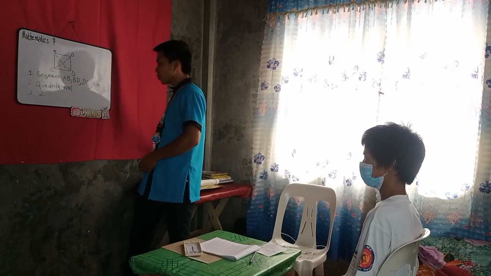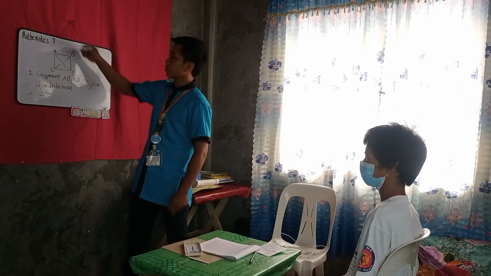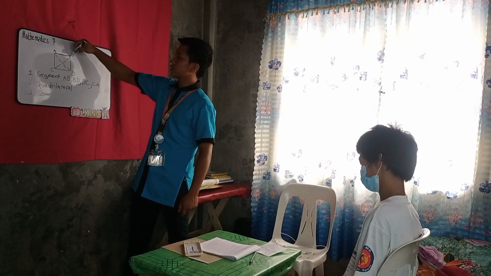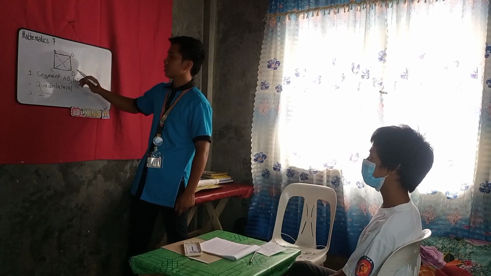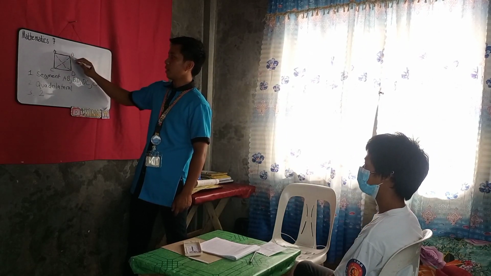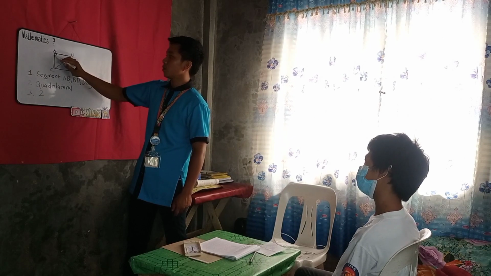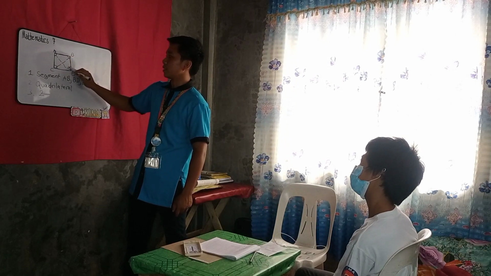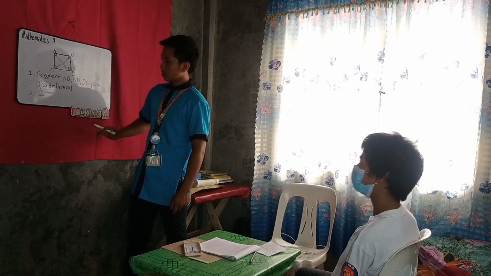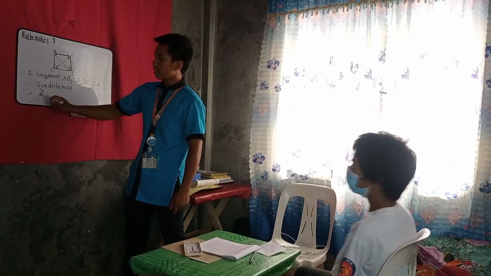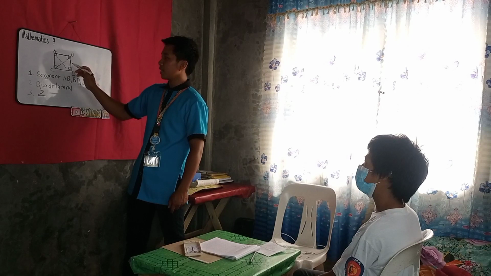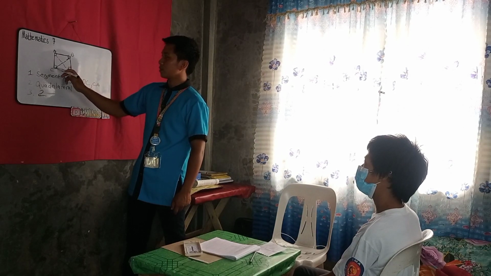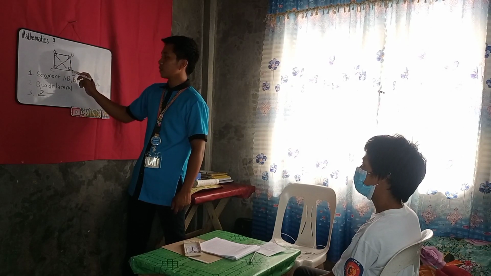Makikita natin na itong sides of a polygon are the line segments. Right? And dito, yung mga angles naman, right? Yes, sir. Kung bibilangin natin kung ilan ang diagonal na maguguhit sa polygon na quadrilateral, magkakaroon tayo ng dalawang diagonal.